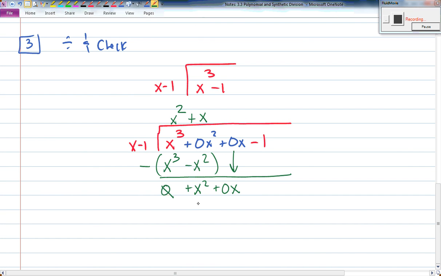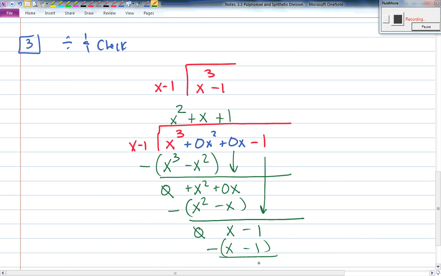So x times x gives me x squared, and x times negative 1 is minus x. Subtracting, I get x. Then drop down the 1, so it becomes x plus 1. Times that by x minus 1, and the remainder is 0.